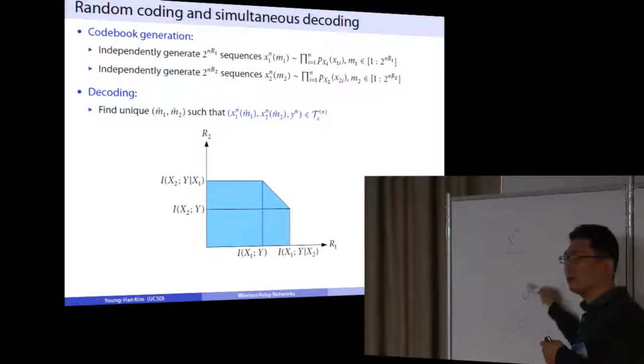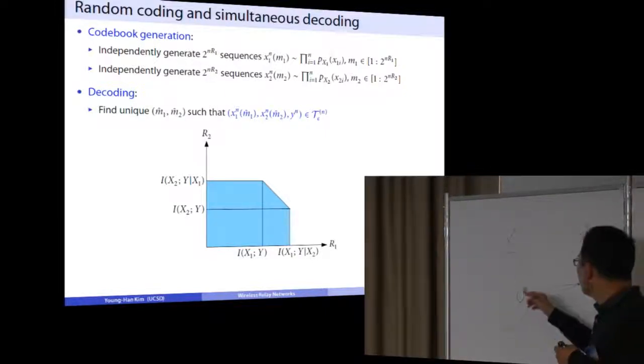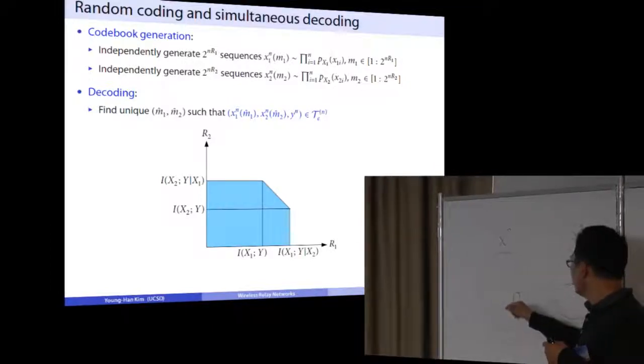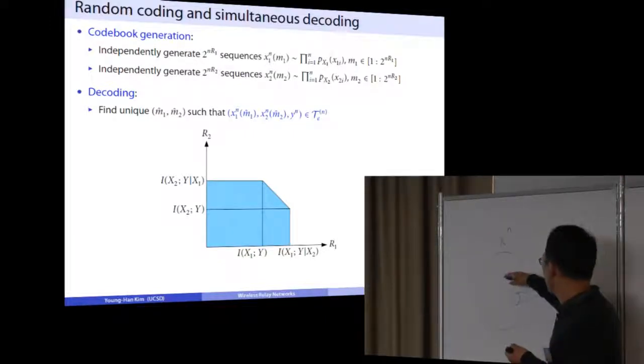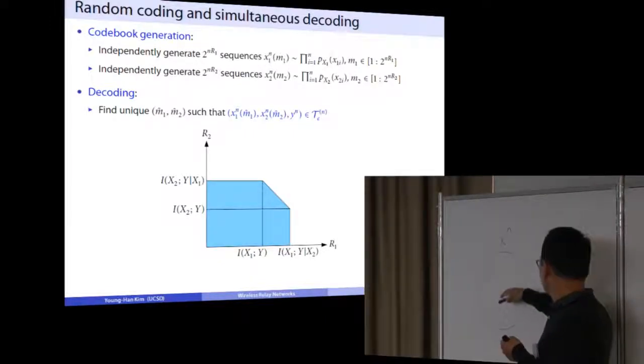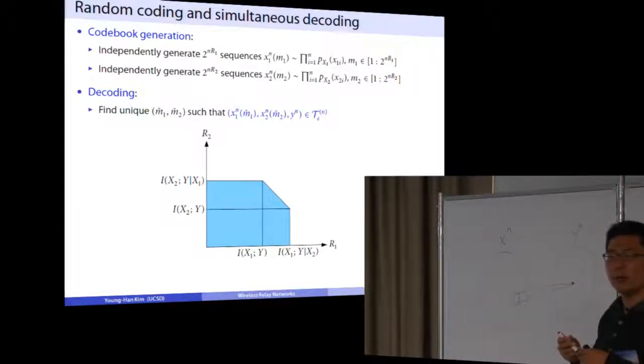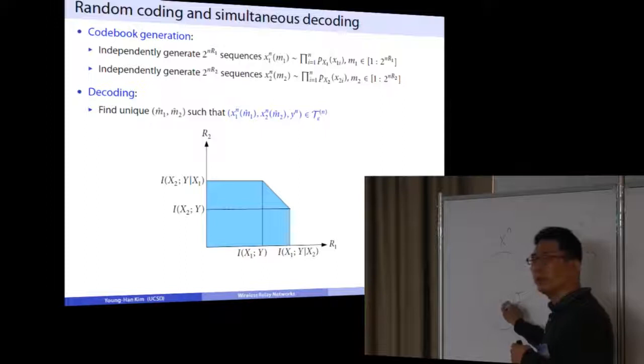What is the threshold in the number of code words so that randomly generated code words fall into this joint typicality ball? And what is the threshold for which there is no code word that falls into this joint typicality ball? It turns out the answer is mutual information.